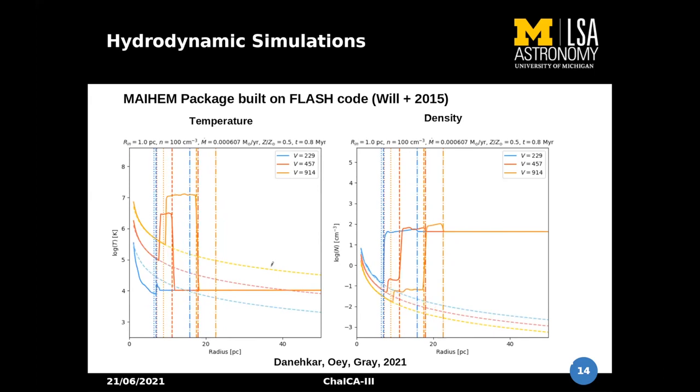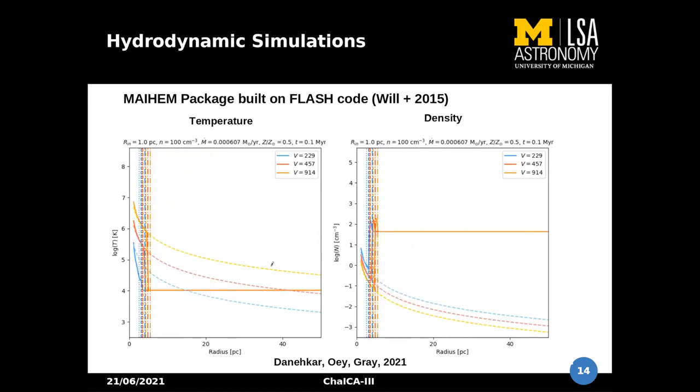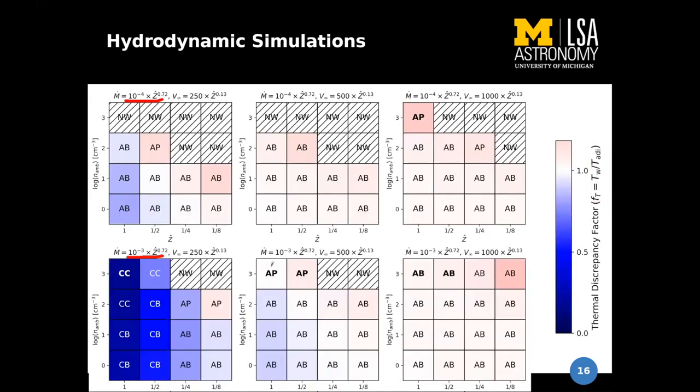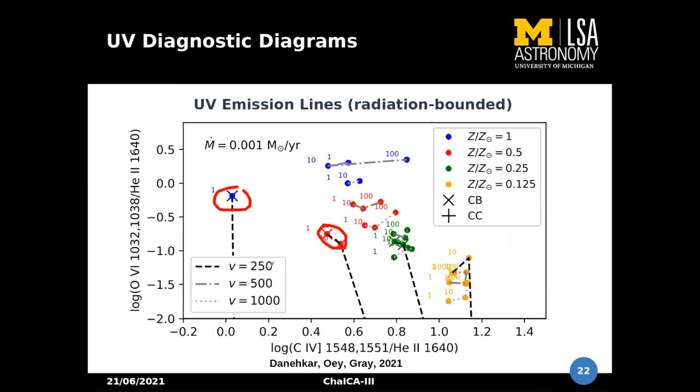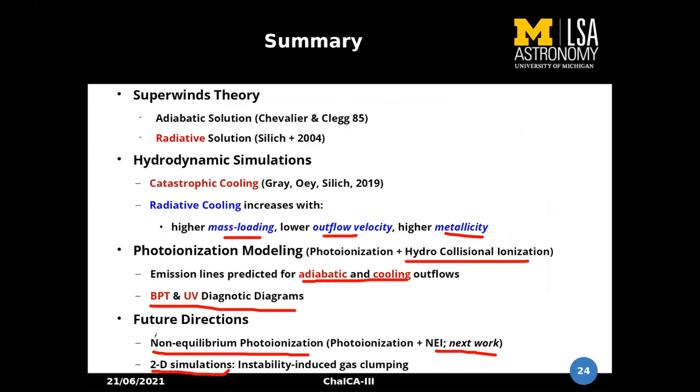Currently, we built the model for 1D, and we also built a model, which I didn't present here, for the non-equilibrium photoionization, the photoionization plus non-equilibrium ionization. There is some difference between this non-equilibrium ionization and collisional ionization. Our plan is to extend this 1D to a 2D simulation, which allows us to see instability and clumps which form in the outflow.